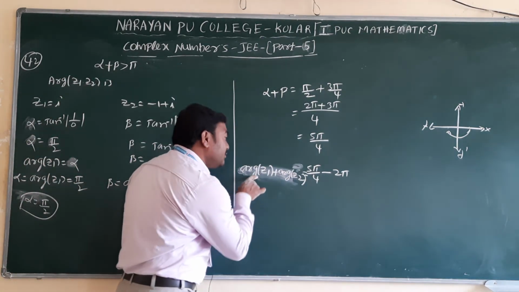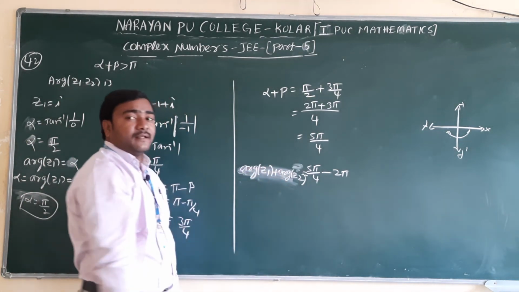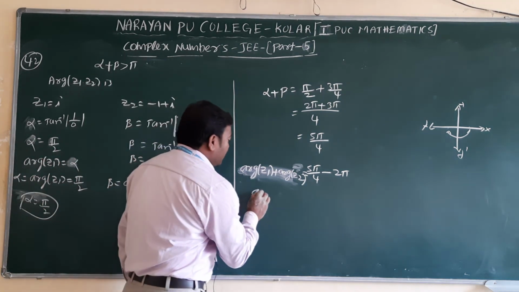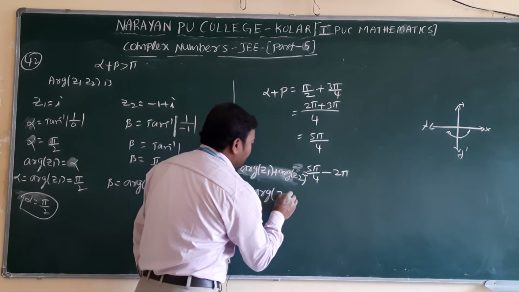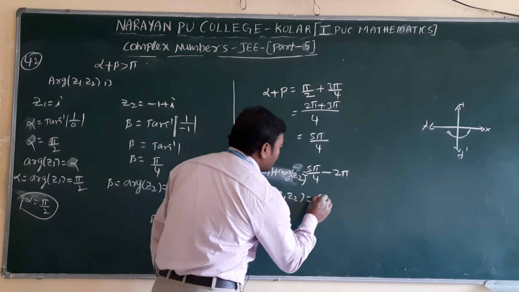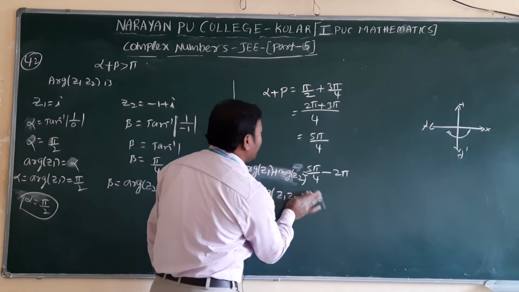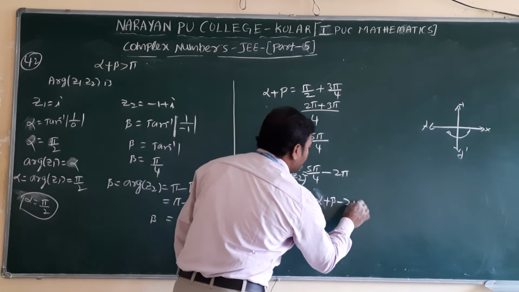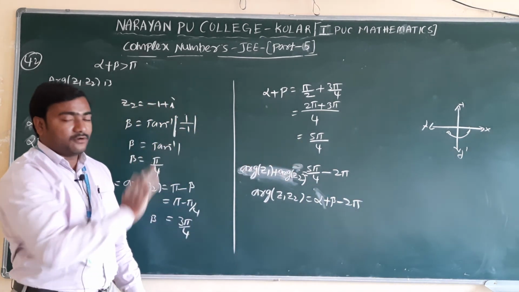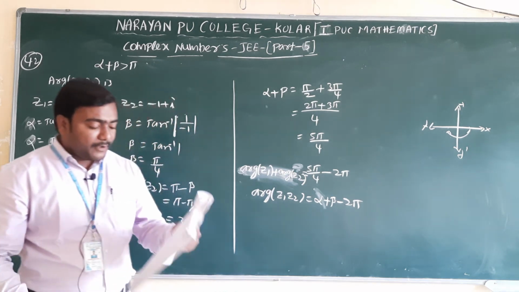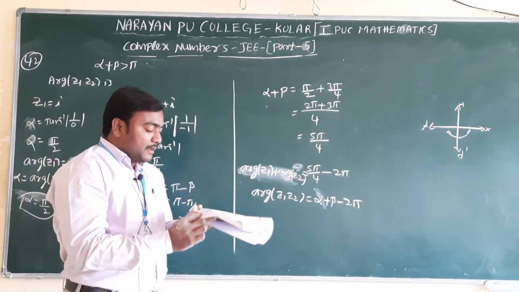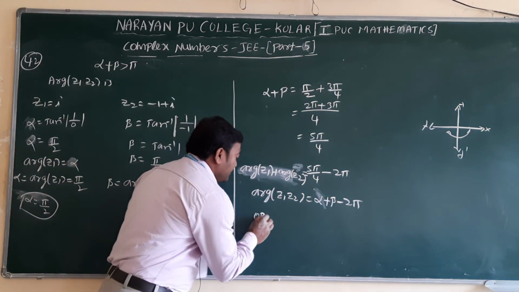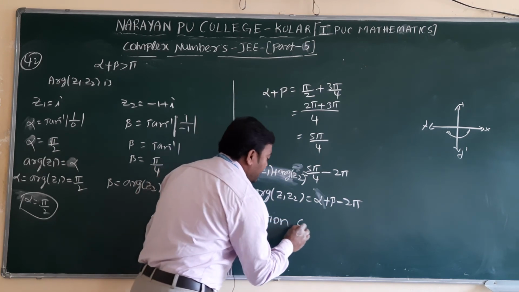We already know the condition: the argument of z1 z2 is equal to alpha plus beta minus 2 pi. Because they have given the options like this, we take this one. Therefore, alpha plus beta minus 2 pi, so option C is the correct answer.